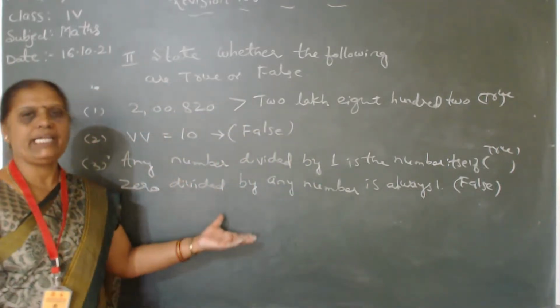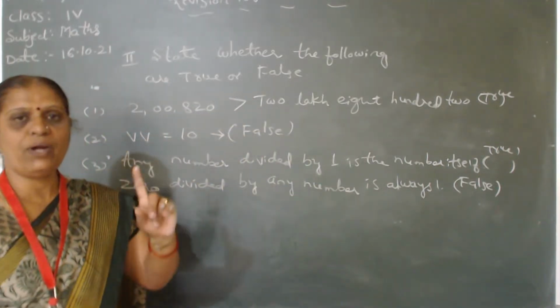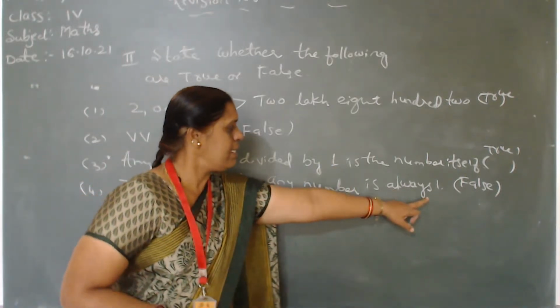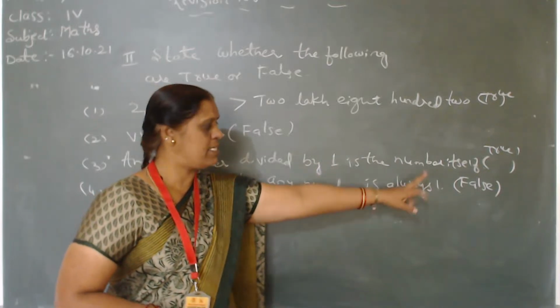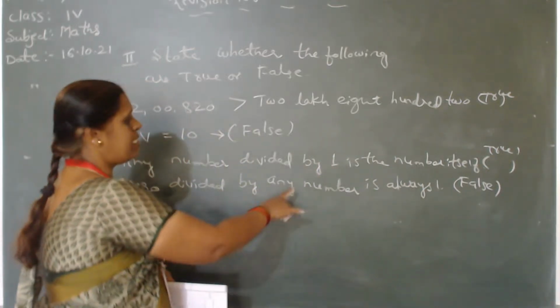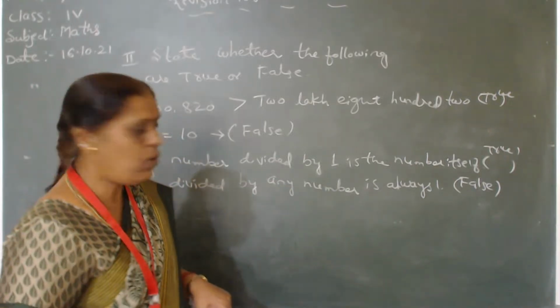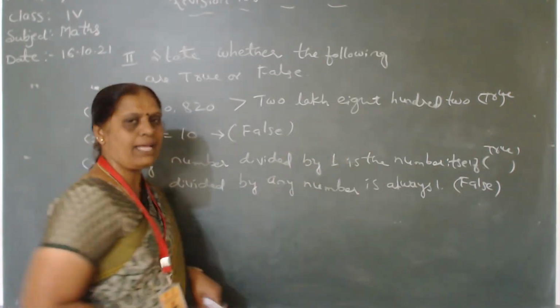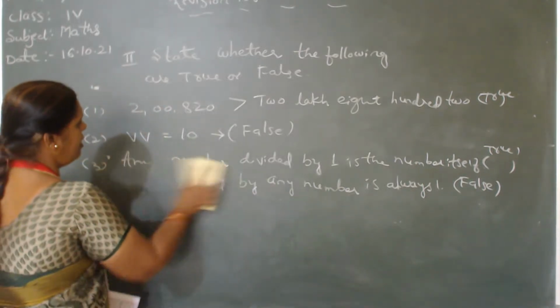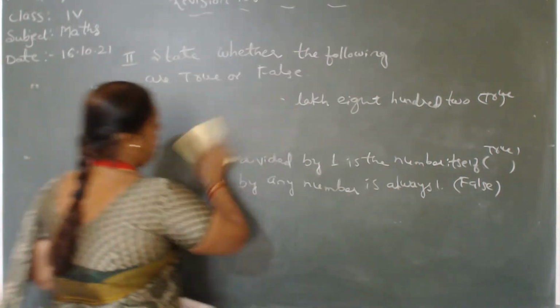If 0 is divided by any number, what is the answer? The answer is 0. So here what is given? Given 1. So the statement is false. Zero divided by any number will get the answer as 0, not 1. So this is a false statement.